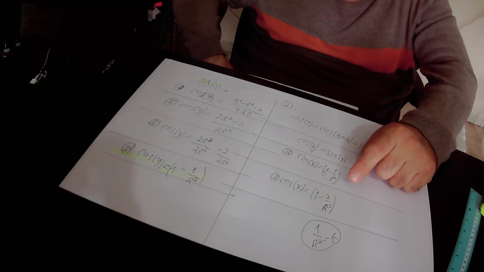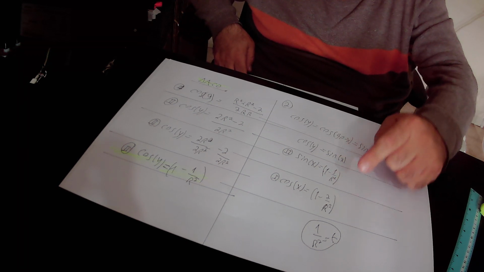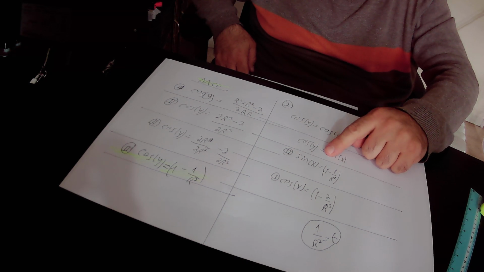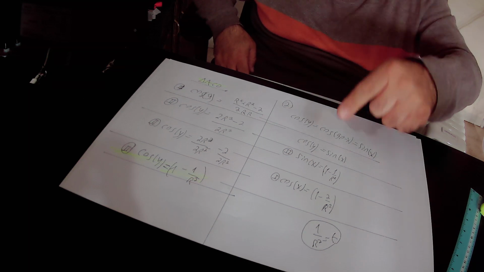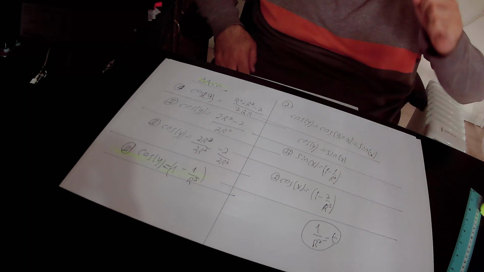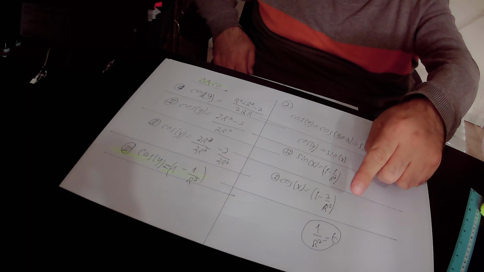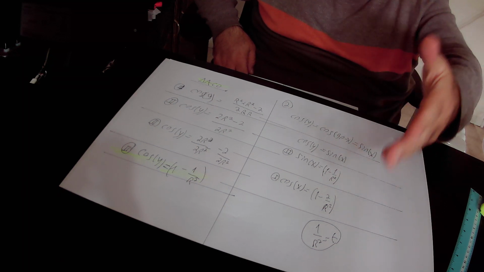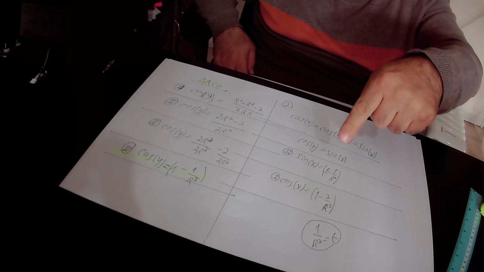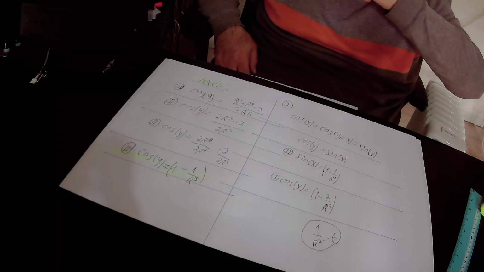So cosine x equals 1 minus 1 over r squared according to equation number 2, but according to equation number 1, we found out that cosine x equals 1 minus 2 over r squared. Then we substitute: we defined 1 over r squared as t, and we substitute 1 over r squared in both equations, equation number 1 and equation number 2, by t.